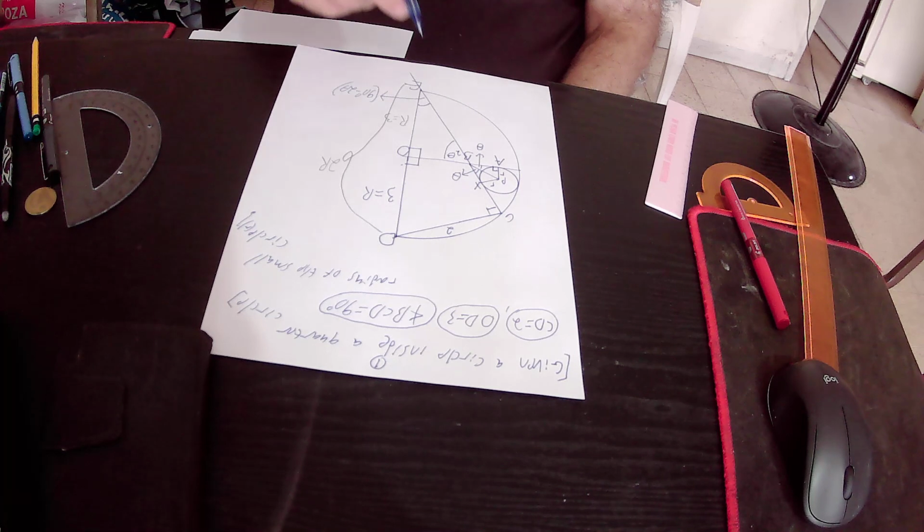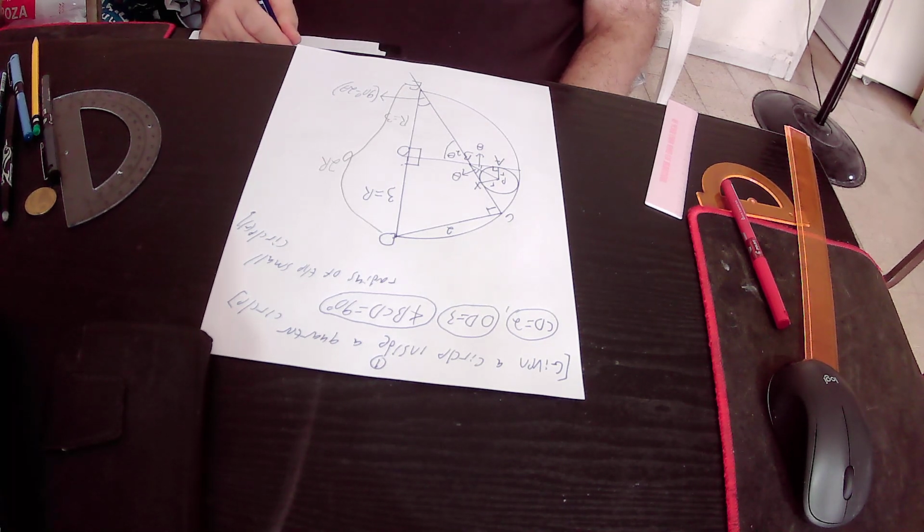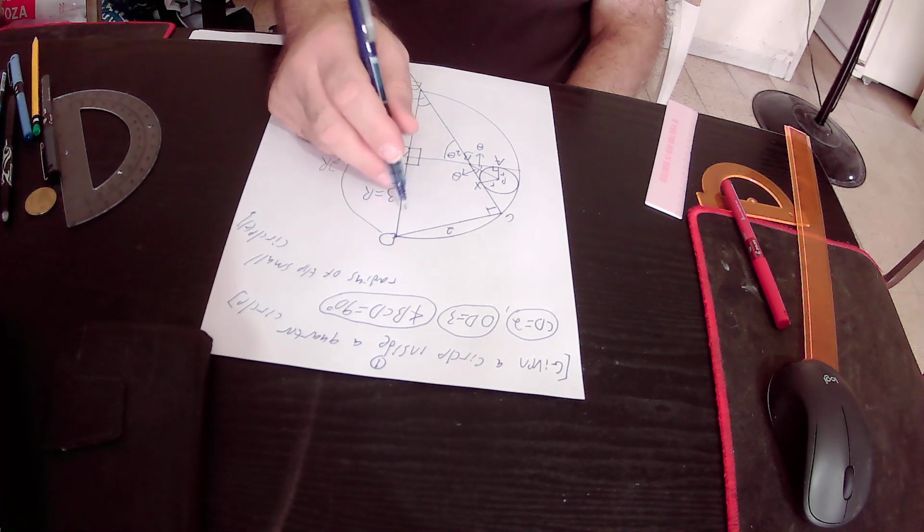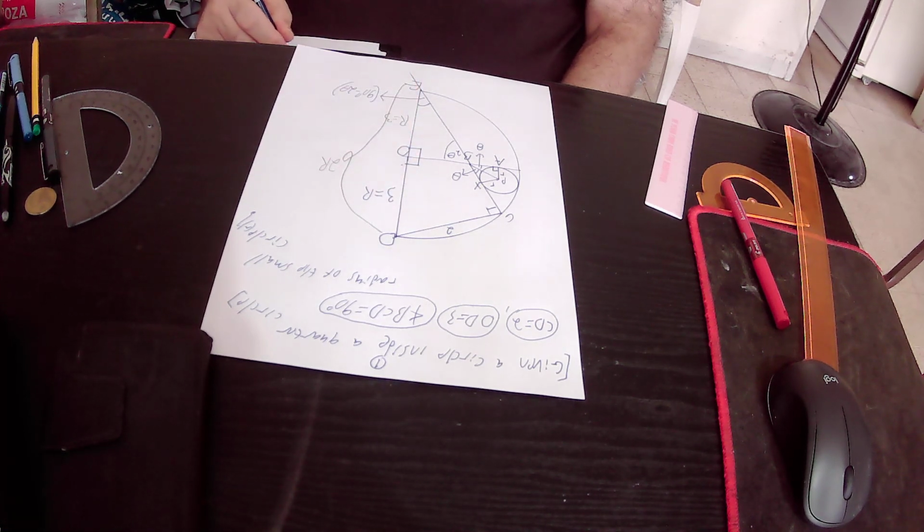So the size of angle EDC, this angle, plus this angle that equals 90 degrees, plus this angle that equals 90 degrees minus 2 theta, must be equal to 180 degrees.